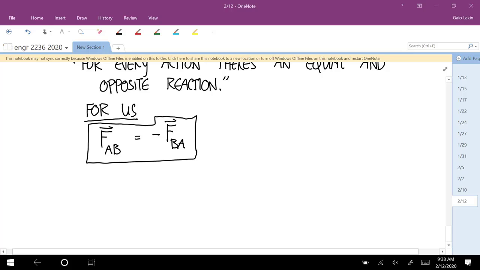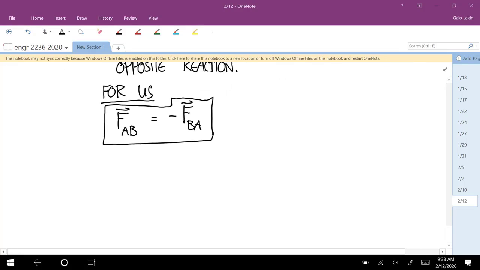Well, we're not using that double subscript notation for forces with known directions. So how do you use Newton's third law with known directions? So that's just going to work like this.